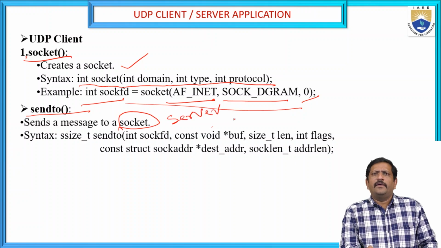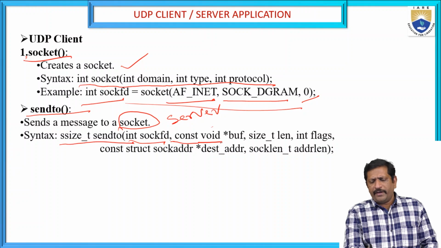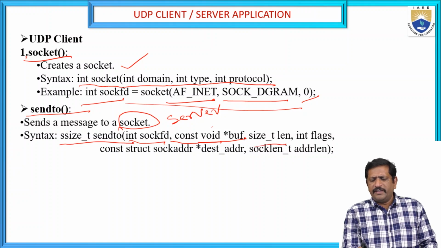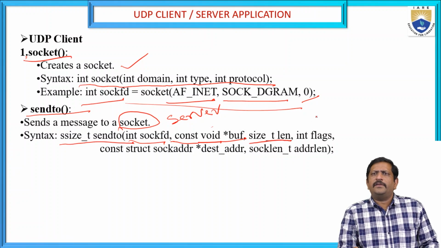Here the syntax for sending the message is ssize_t sendto(int socket_fd, const void *buffer, size_t length, int flags, const struct sockaddr *dest_addr, socklen_t dest_len). The buffer is a pointer to a particular memory location. The size_t length is the length of the buffer.